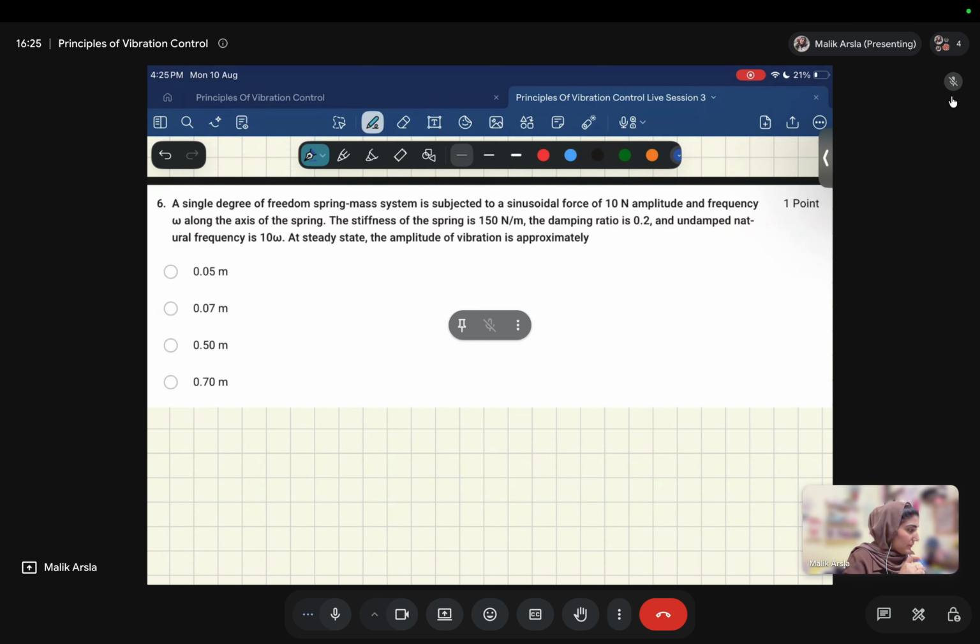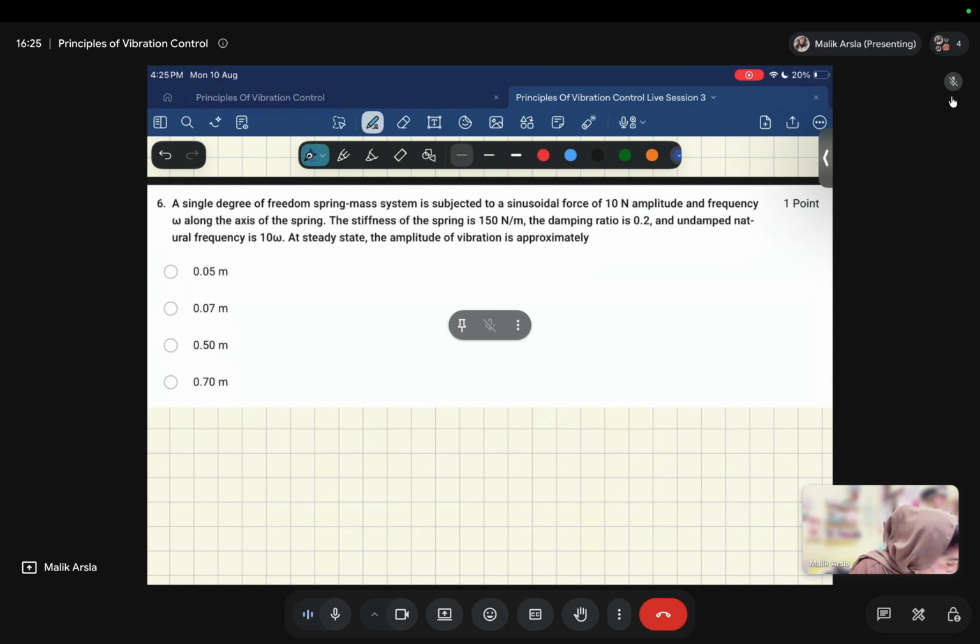Coming to question number 6, we have a single degree of freedom spring mass system subjected to a sinusoidal force of 10 Newton amplitude and frequency omega along the axis of the spring.